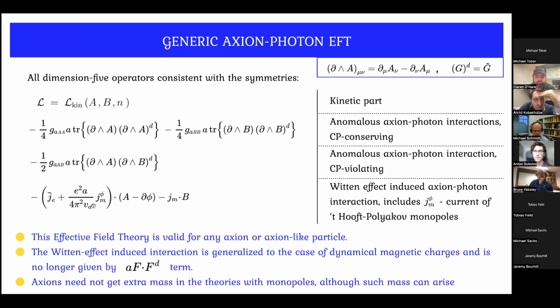From here we see that this mass arises when we have monopoles. So say in the early universe, if we have magnetic monopoles there, they can induce some mass for the axion.